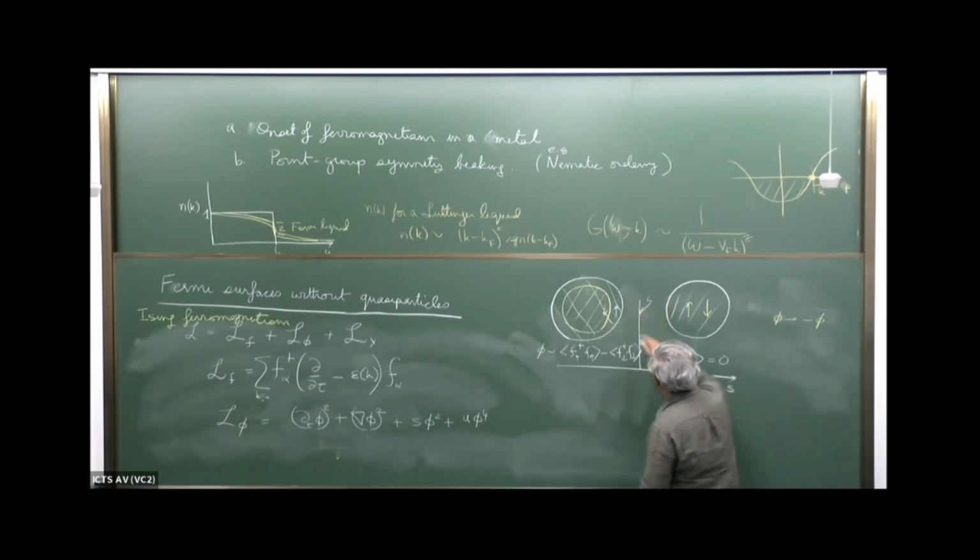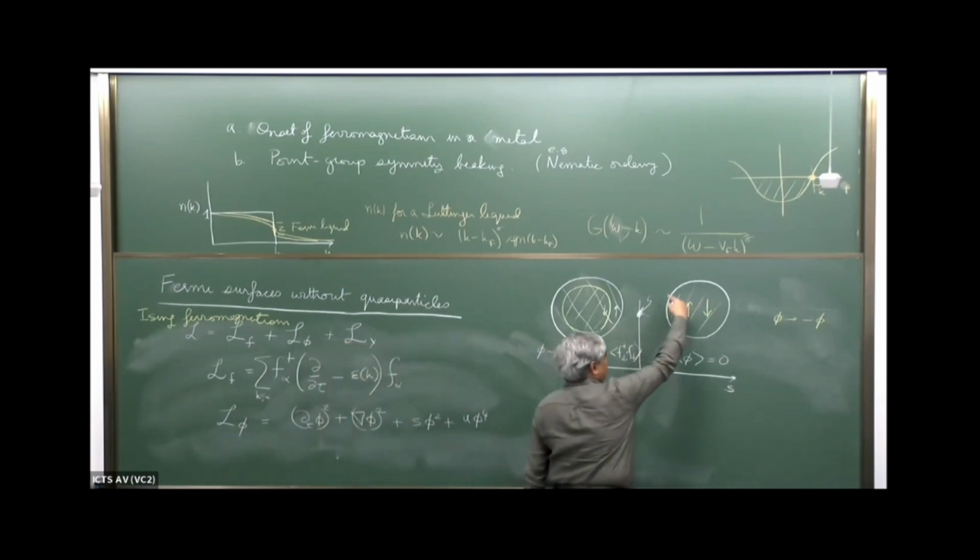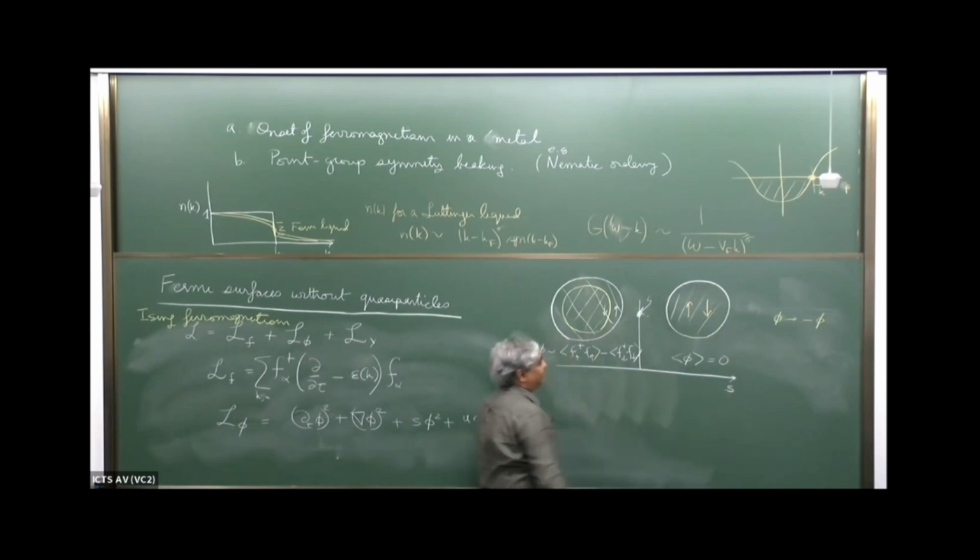What happens right at this point where the Fermi surface is just about to split into two different sizes? You might expect that right at that point, fluctuations of the fermions right on the Fermi surface are going to become very singular.